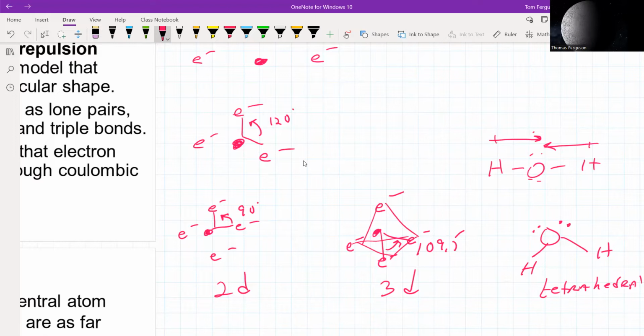Nature likes symmetry. Something's unsymmetrical, it's not as stable. So whenever you have a single bonded oxygen like this, doesn't matter what's over here, it's going to be a polar molecule because it's unsymmetrical.